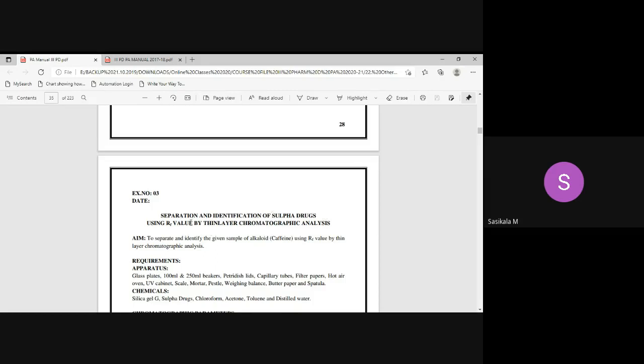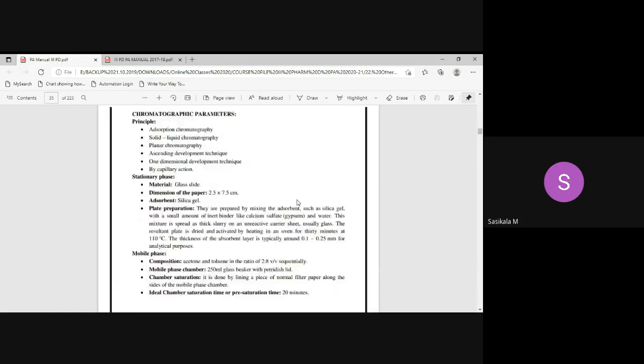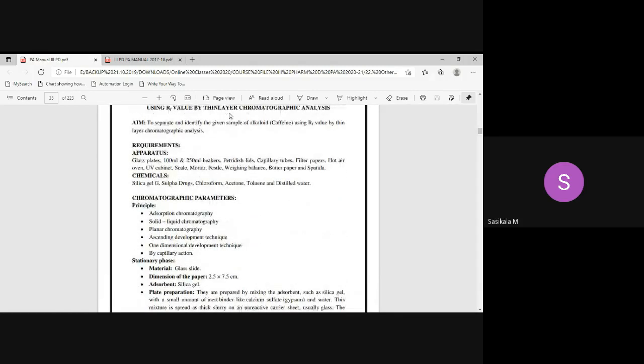The deduction method followed will be either a reagent method, destructive or non-destructive method. What color the sulfur drugs are giving through that method, all that will be discussed. Okay. So you are going to separate and identify the given sulfur drug by means of thin layer chromatographic analysis. So that is the concept.